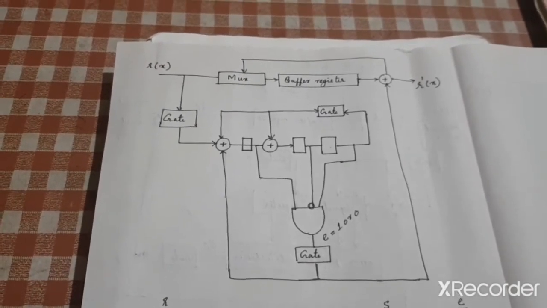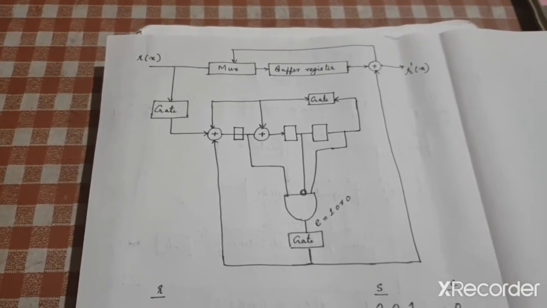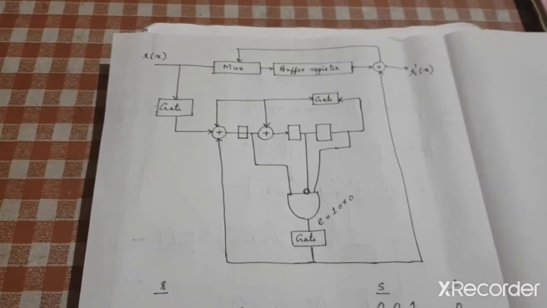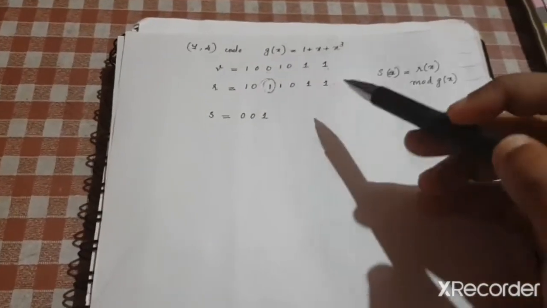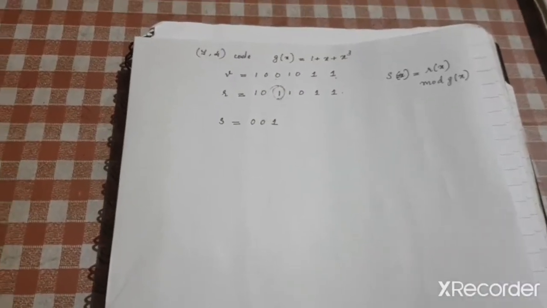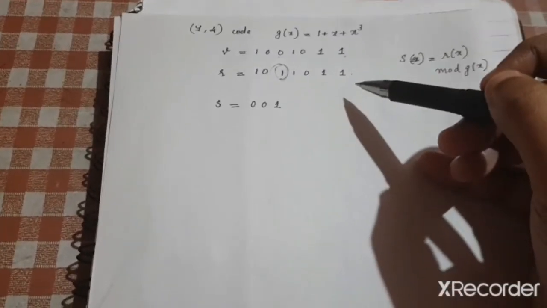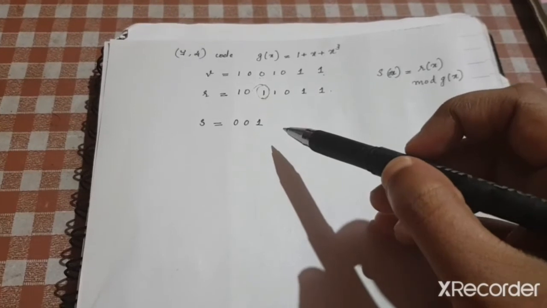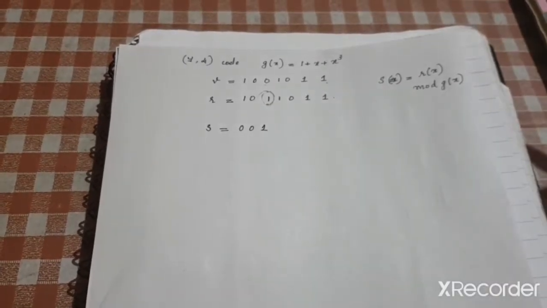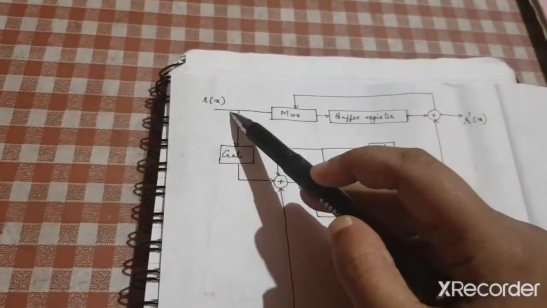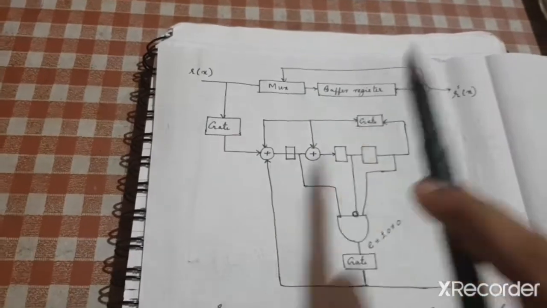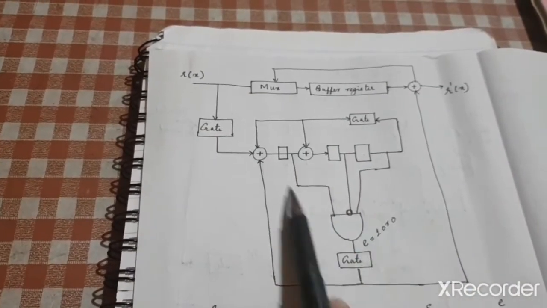Initially we give this R into the buffer register as well as the syndrome computation circuit. This is the R which we are going to give to the Meggitt decoder circuit, and with this R we know what syndrome the syndrome computation circuit is going to generate. R is given simultaneously to the buffer register and to the syndrome computation circuit.